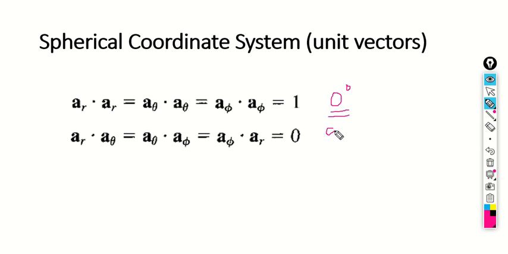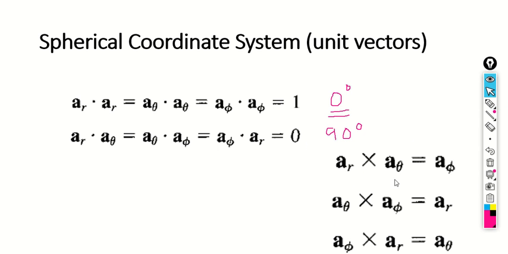But here it is dot product and cos of 90 degrees. Unit vectors are perpendicular to each other. So cos 90 comes out to equal to 0. So it is not existing. Similarly, the cross products we know it is AR A theta, I get A phi. A theta A phi, I get AR. A phi AR, I get A theta. So this already we have discussed.